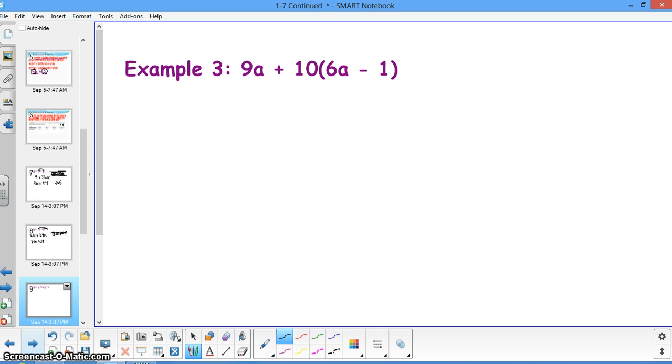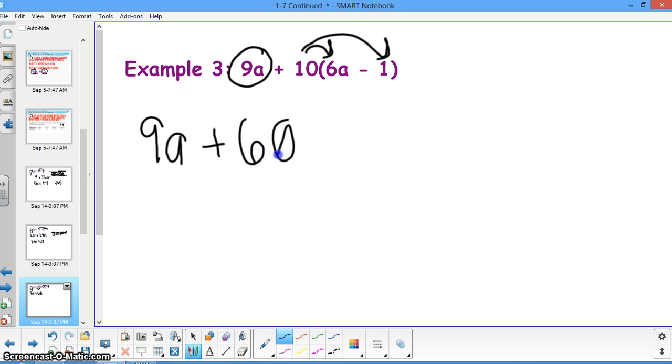Take a moment and try this one. We're going to take it up a notch. All right, so I see that we have parentheses, can't solve it. We need to distribute because we have that 10 on the outside. But I see this 9a. Well, right now there's nothing to do with the 9a, so we just bring it down. And then we need to distribute the 10. So 10 times 6a is 60a. 10 times negative 1 is negative 10.